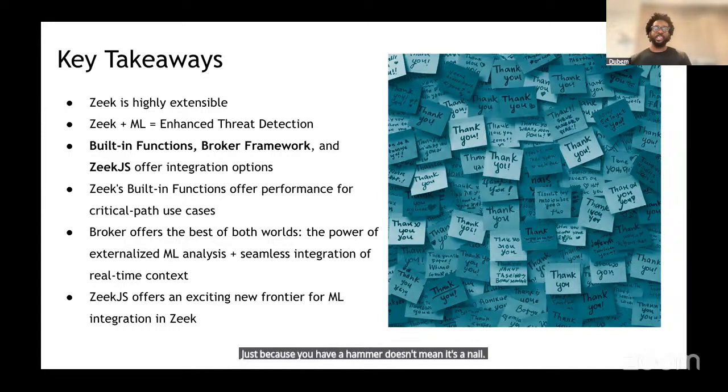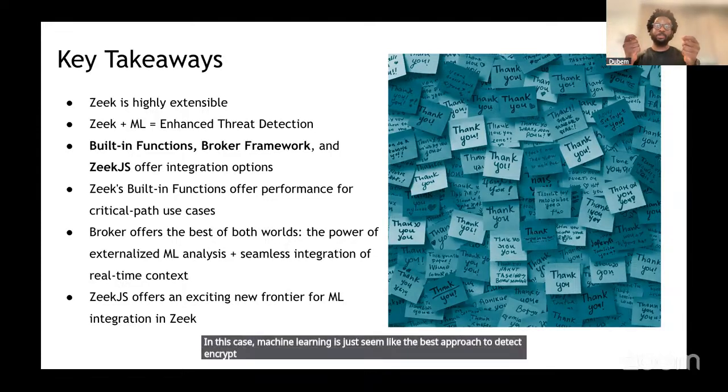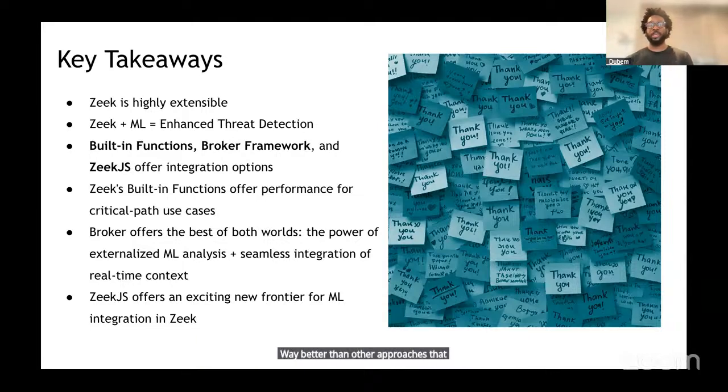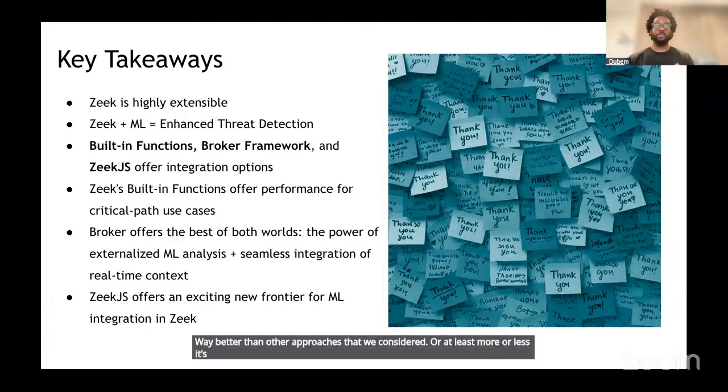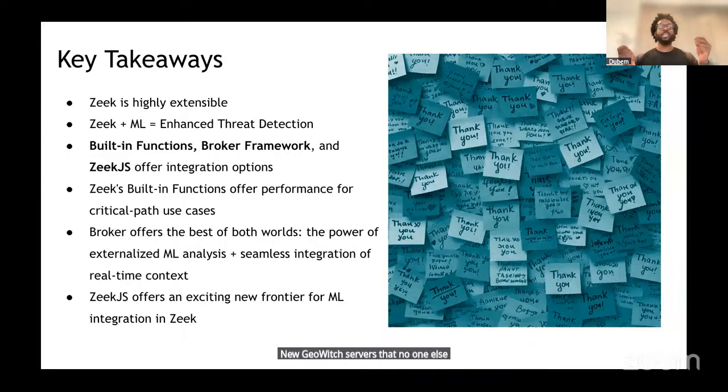In this case, machine learning just seemed like the best approach to detect encrypted traffic, and it did it really well, way better than other approaches that we considered, or at least more. It scaled more in the sense that we were catching things that we hadn't seen before. Take, for example, the DOH example I mentioned. We were actually finding new DOH servers that no one else had put in any of these curated lists online.